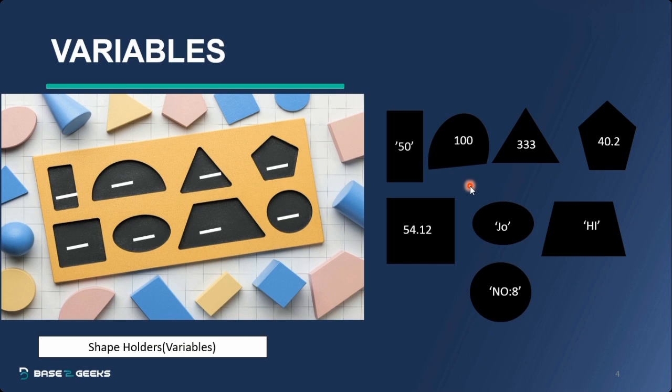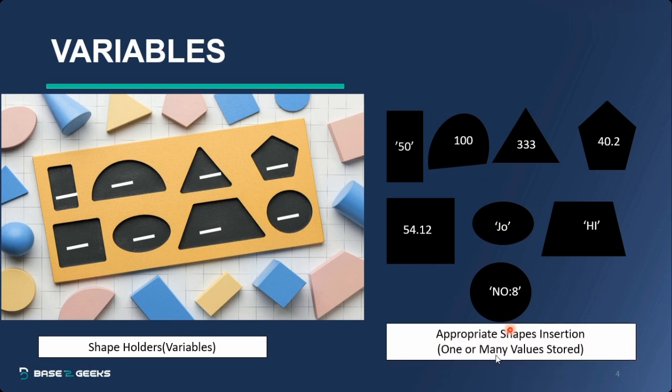So now, see what I have written. Appropriate shapes insertion: appropriate types of objects are inserted into the shapes. So under this shape, I can insert one or more values.